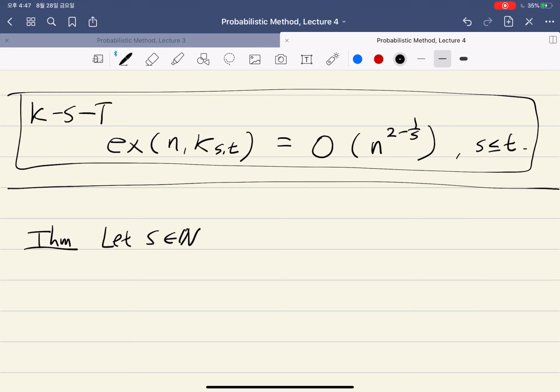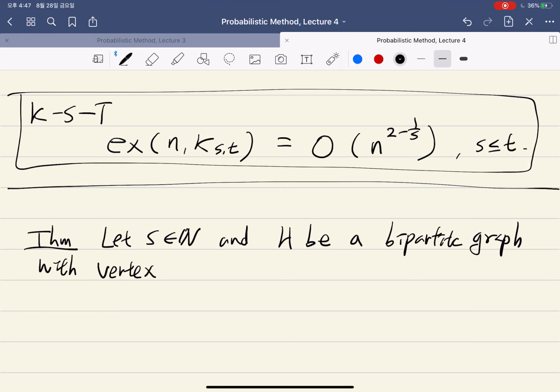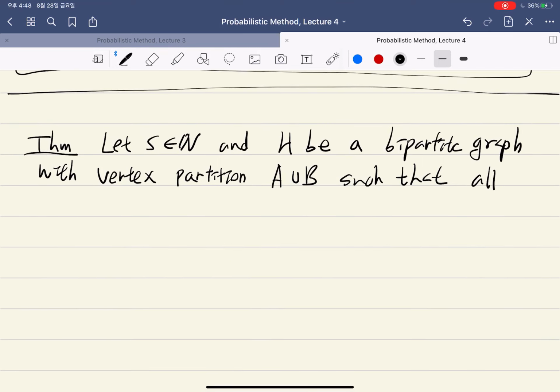Let s be a natural number and H be a bipartite graph with vertex partition A, B such that all vertices in B have degree at most s.